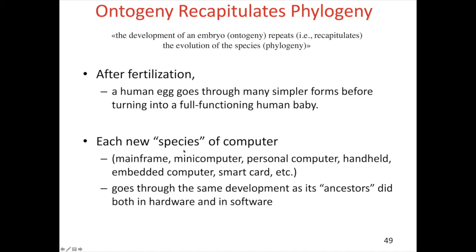Each new species of computer, which may be mainframe, and then minicomputer, personal computer, handheld computer, and embedded computer, smart card, etc., goes through the same development as its ancestors did, both in hardware and in software.